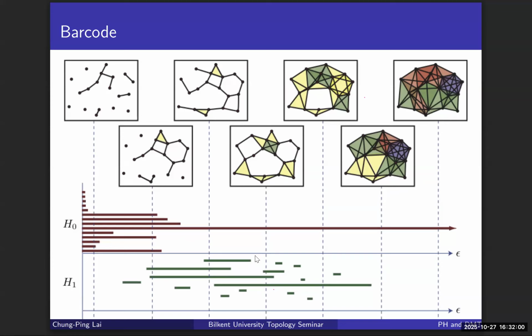That means you can compare a lot of different barcodes that come from completely different applied scenarios. If you want to ask why people care about persistent homology, that is perhaps the most important reason. But I think I'm not getting your question.